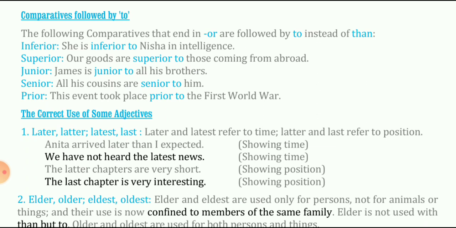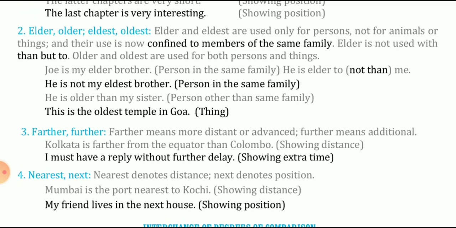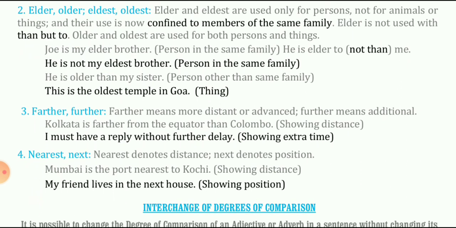We have not heard the latest news. Latest is showing time. The later chapters are very short. Here, later is showing position. The last chapter is very interesting. Here, last is showing position.